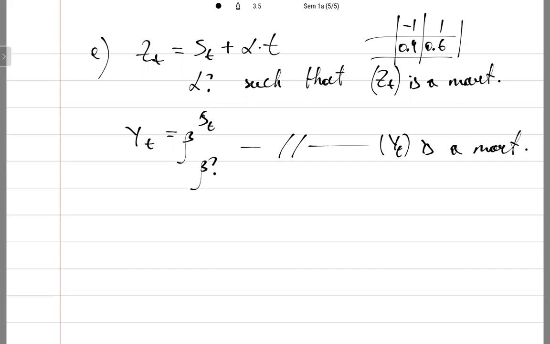So what is the value of alpha? I think 0. How much? No. If you take alpha equal to 0, ZT is just ST, but ST is not a martingale.